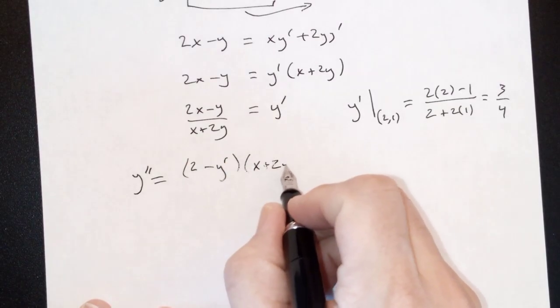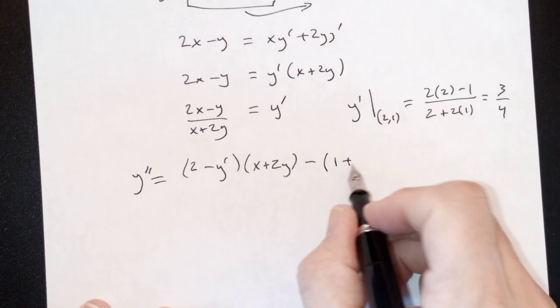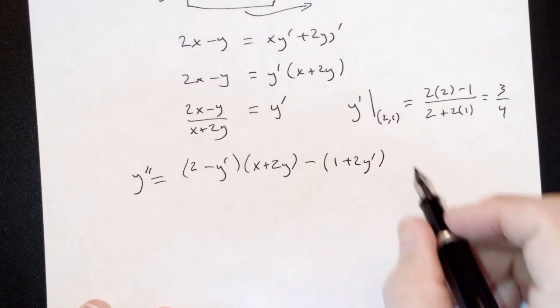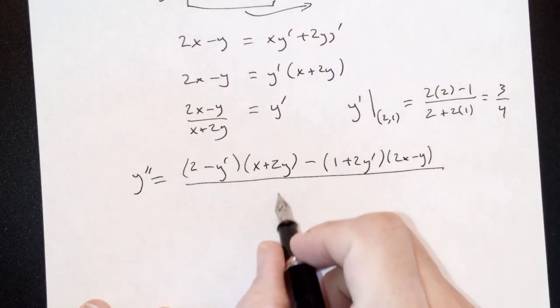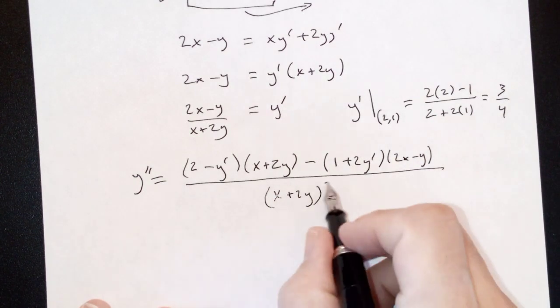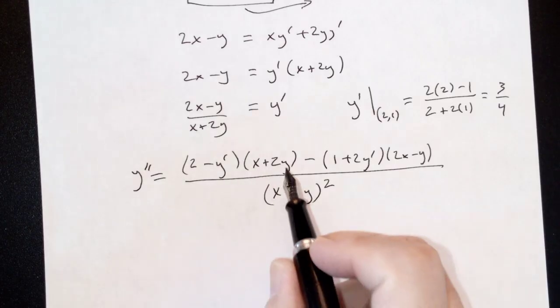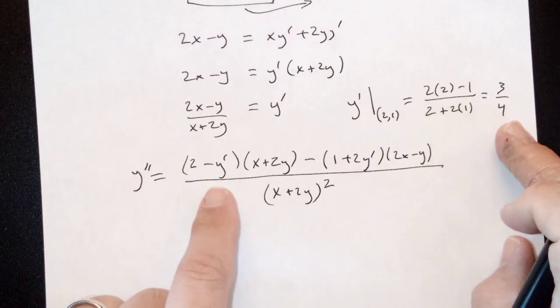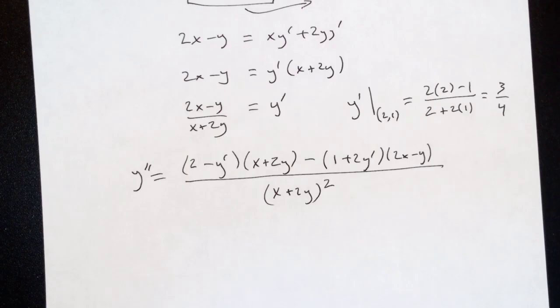Times the bottom, minus derivative of the bottom times the top, over the bottom squared. If all I want is the second derivative, I could just plug in my value for x, my value for y, and my value for y prime.